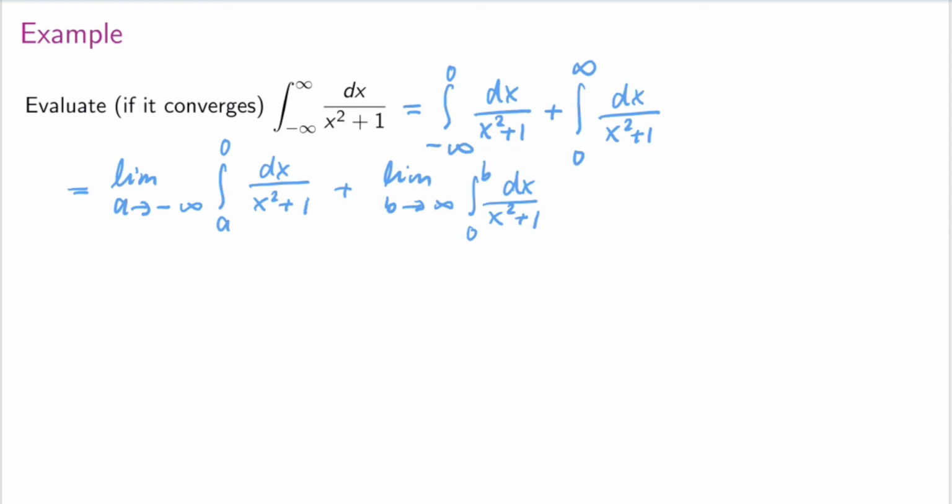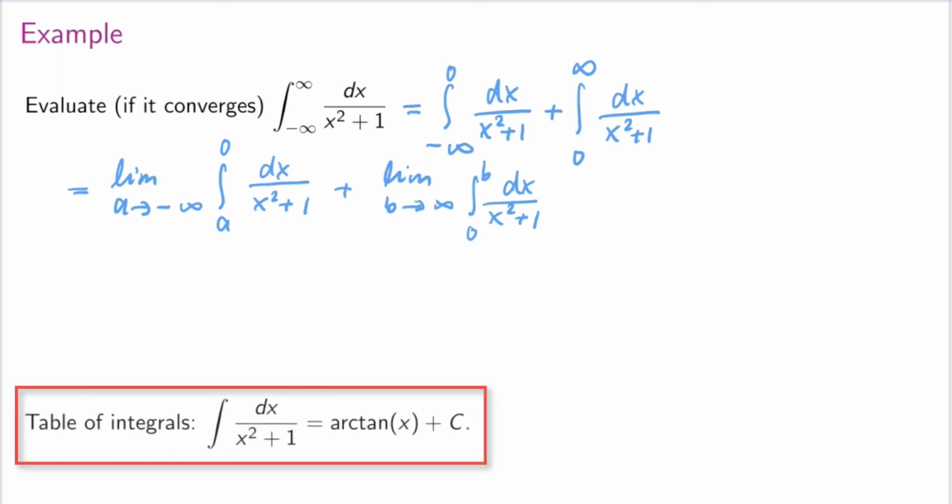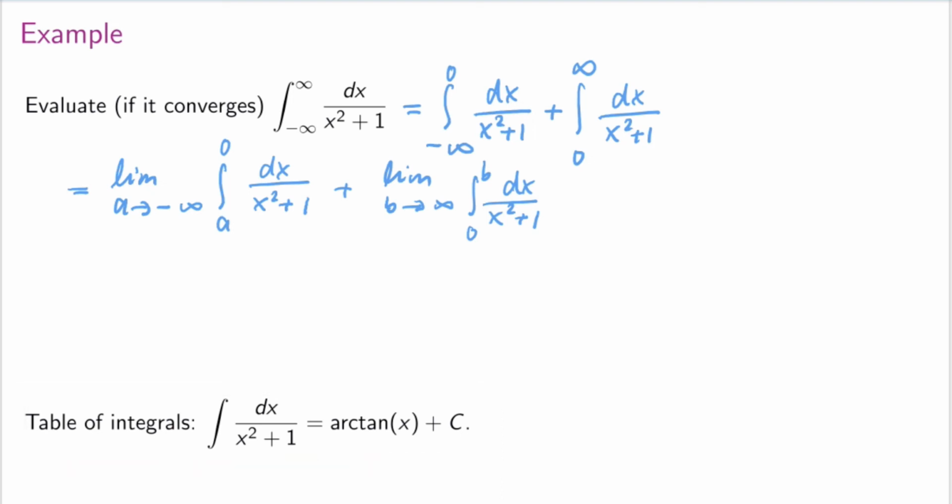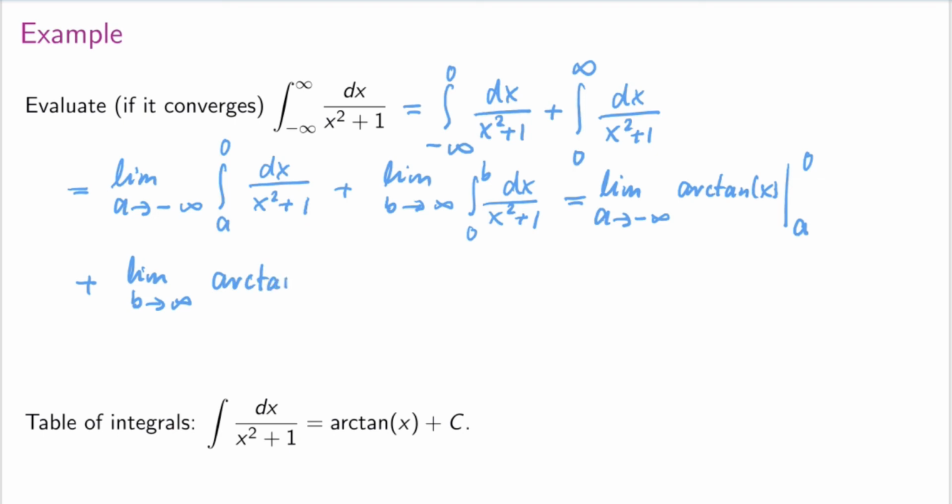Okay, so then we can integrate these functions. We have definite integrals. And looking at our integral tables, we find the formula that the antiderivative of 1 over x squared plus 1 is the arctan. So then this is equal to the limit a goes to minus infinity of arctan of x evaluated between a and 0, plus another term, the limit b to plus infinity of arctan of x evaluated between 0 and b.